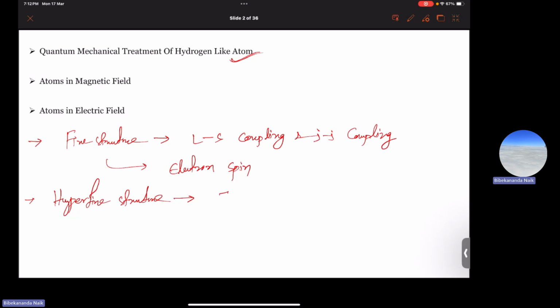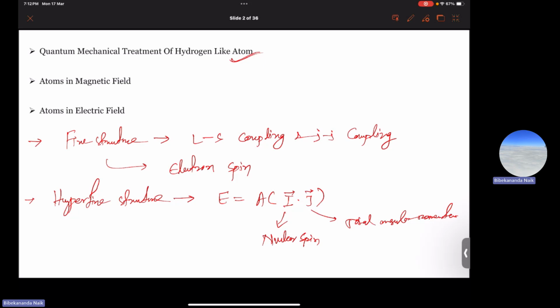So the energy change due to hyperfine structure, or due to the presence of nuclear spin, is I vector dot J vector, where I is the nuclear spin and J is the total angular momentum.